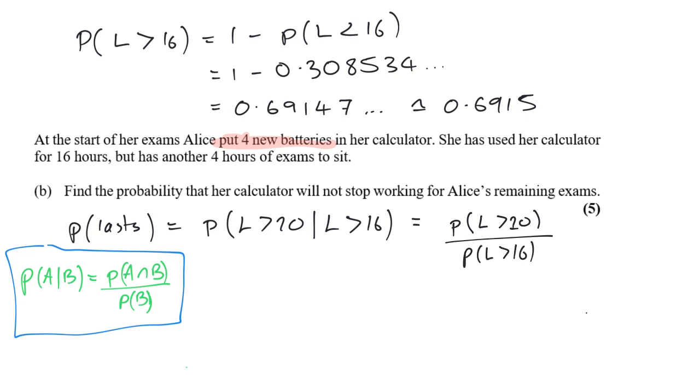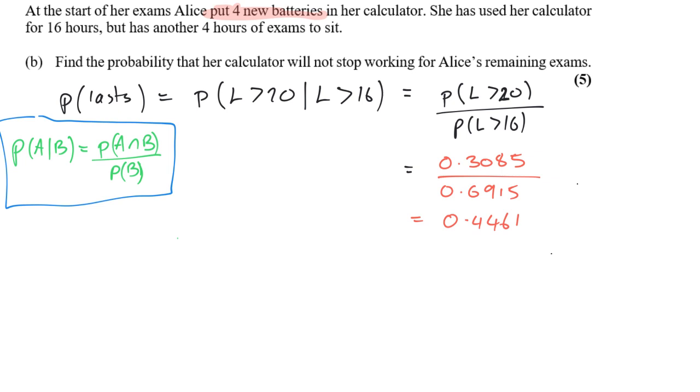We've already got the first probability, and we can easily use the calculator to get the second one, or indeed you can use your knowledge of the normal distribution to work out that because it's symmetrical, the probability that it's over 20 will be the underlying value above. So that gives us 0.3085 to 4 decimal places divided by 0.6915, and we can just calculate that, and we get 0.4461 to 4 decimal places.